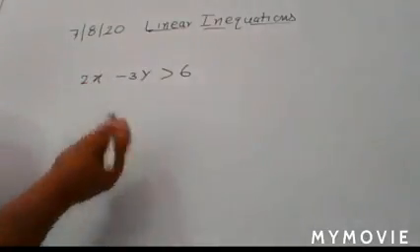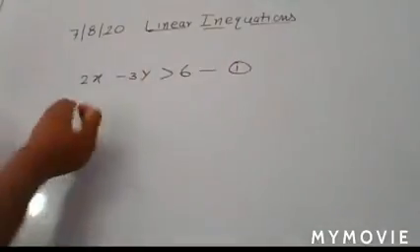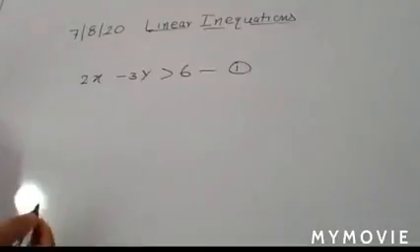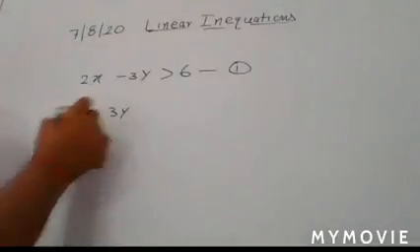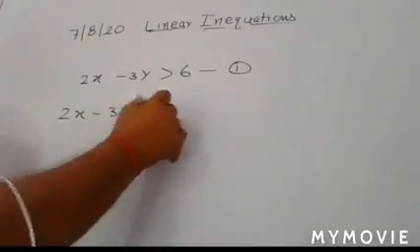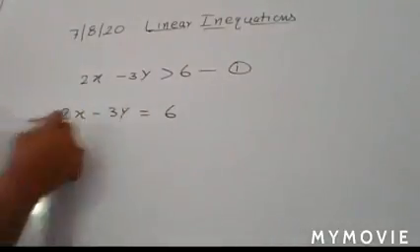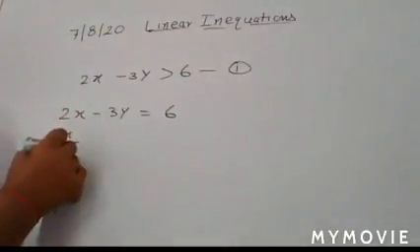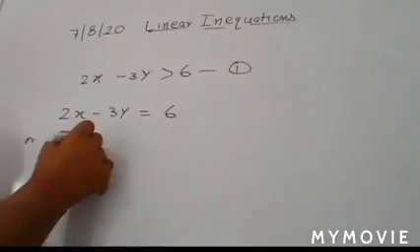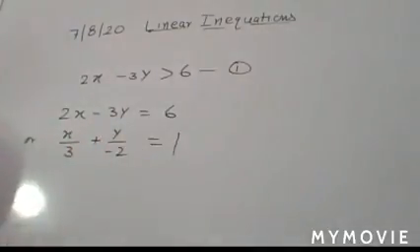Write it as an equation: 2x minus 3y is equal to 6, and make it 1 in place of 6, so you divide each term by 6. So you have x upon 3 plus y upon minus 2 is equal to 1.